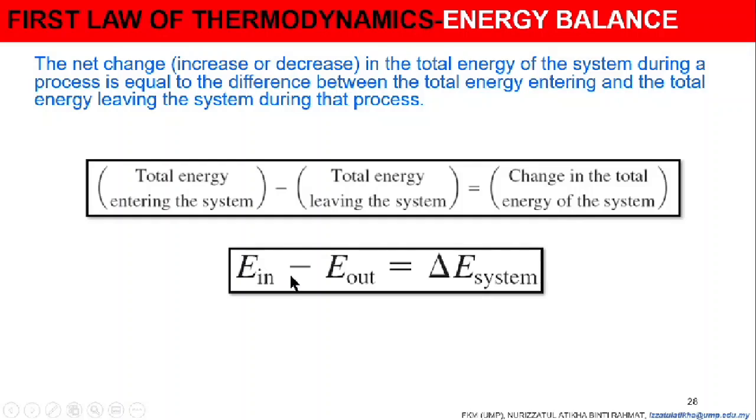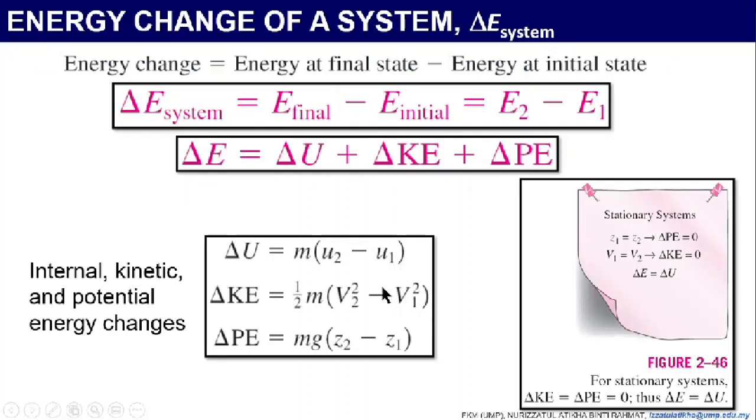E_in minus E_out equals delta E_system. Energy change equals energy at final state minus energy at initial state. It's simple like this. Delta E_system equals E_final minus E_initial, or E2 minus E1.